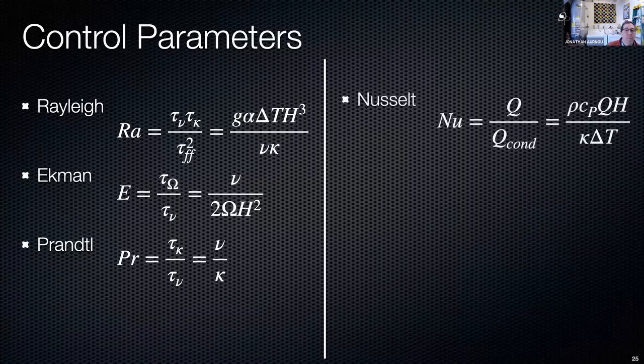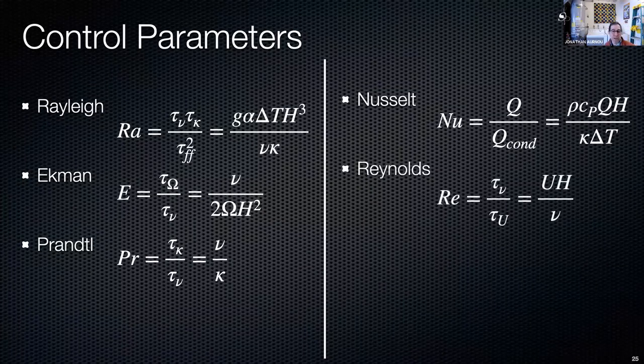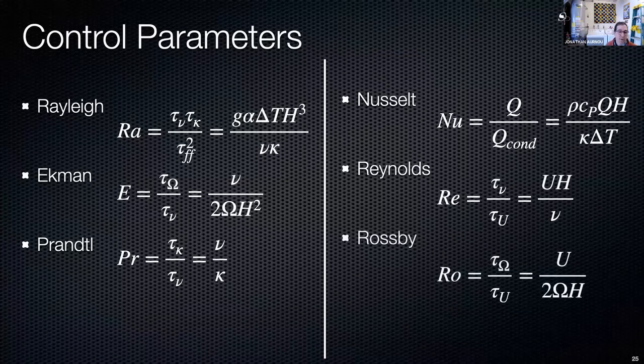And some of the output parameters are the Nusselt number, which is the total heat transfer over the conductive component. The Reynolds number, which is essentially the momentum transport. And then the Rossby number, which is the ratio essentially of the rotation time scale to some advection time scale.